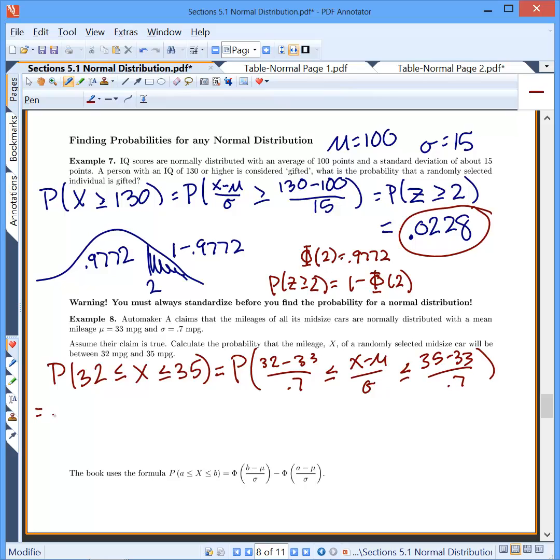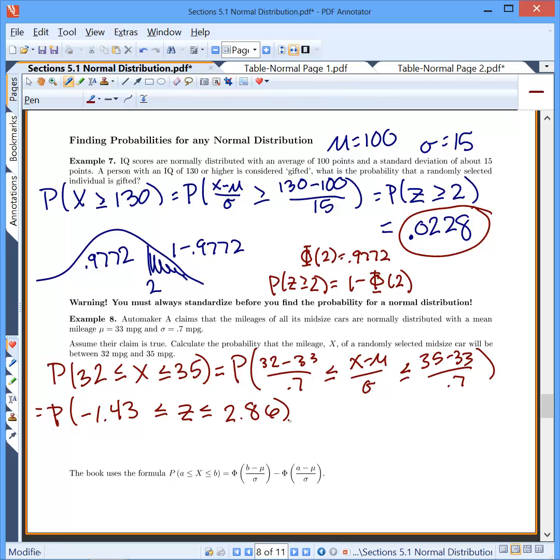Now because I have subtracted the mean and divided by the standard deviation, those are no longer x values, but they are z values. So z is between negative 1.43 and 2.86.